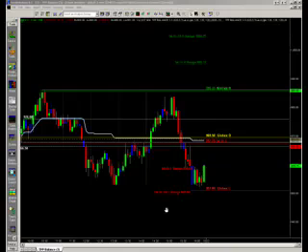Then I have an average price of that time frame, based on volume. And then I look at my first hour high and my first hour low. That gives me all the information I need for the rest of the day, based on market price and where the market's trading.